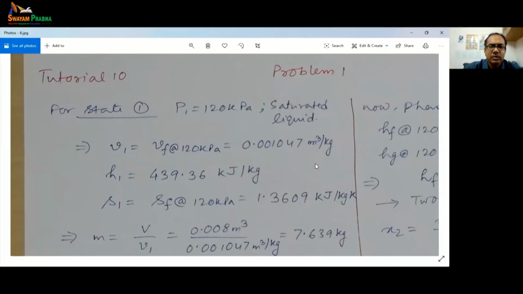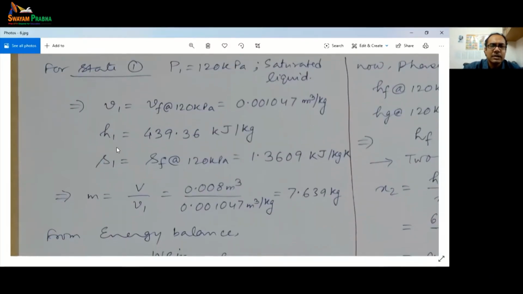Similarly, you can find h1, the specific enthalpy at state 1, that would be the specific enthalpy of saturated liquid at 120 kilopascal. Similarly, the specific entropy you can find, that would be 1.3609 kilojoule per kg Kelvin.